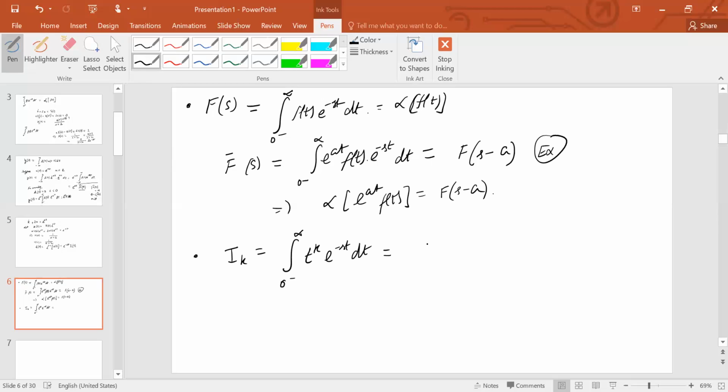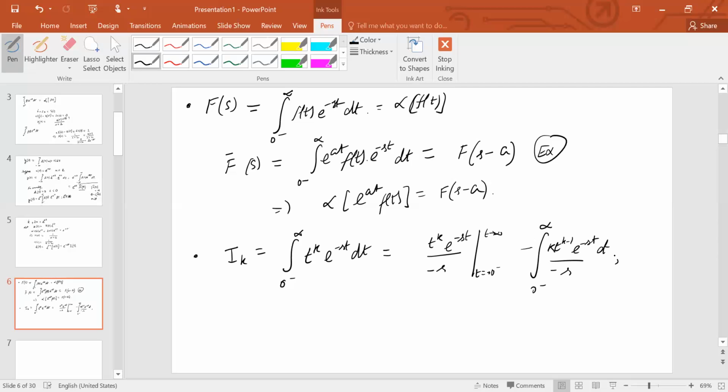If you do this, the first step comes out to be integration by parts: e to the power minus st over minus s, with t going from 0 minus to t tending to infinity, minus the integral from 0 minus to infinity of k t to the power k minus 1, because you're differentiating this, e to the power minus st dt over minus s.